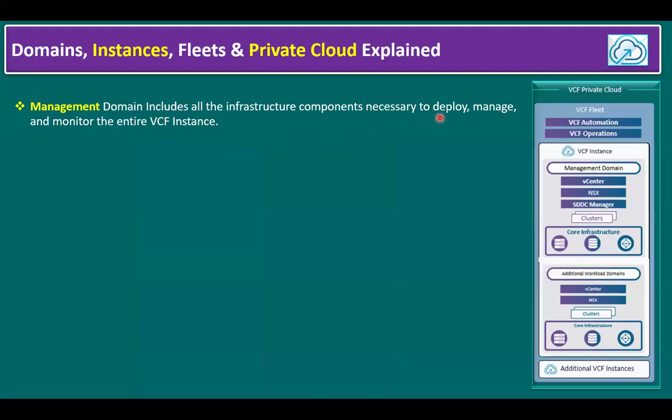To deploy we need ESX hosts, to manage we need a vCenter server, and to monitor the entire VCF instance we need SDDC Manager for management, and also for alert configuration we need Operations. To automate the regular day-to-day operations we need VCF Automation, and we can start with one cluster. In future, if you want multiple clusters, we can increase them within a management domain.